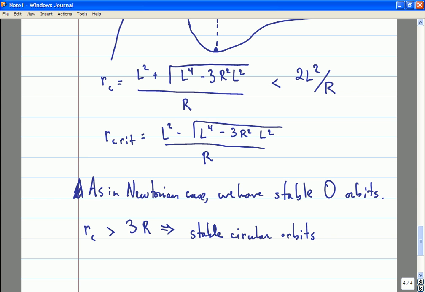So only far from small values of R. So they're stable circular orbits only for sufficiently large radius.